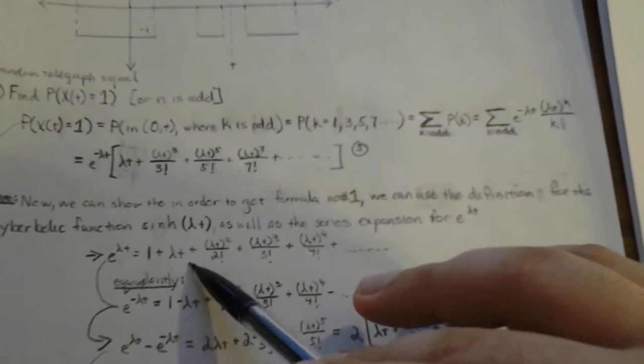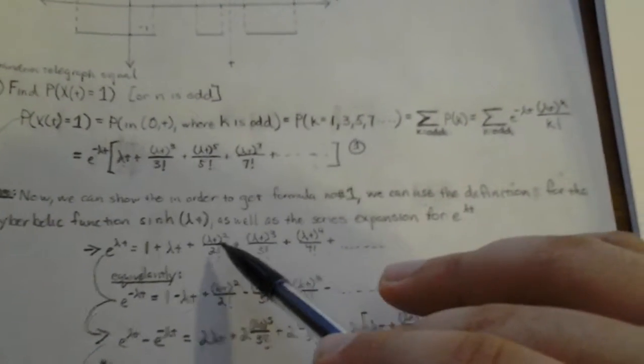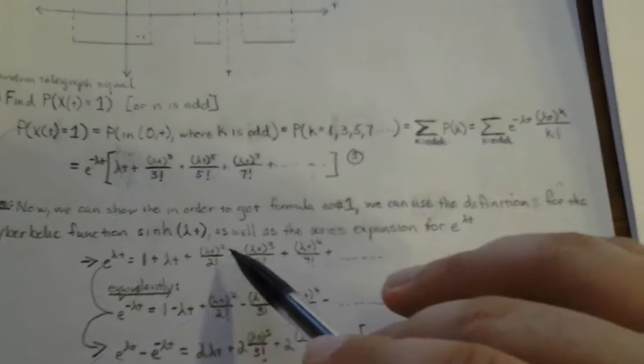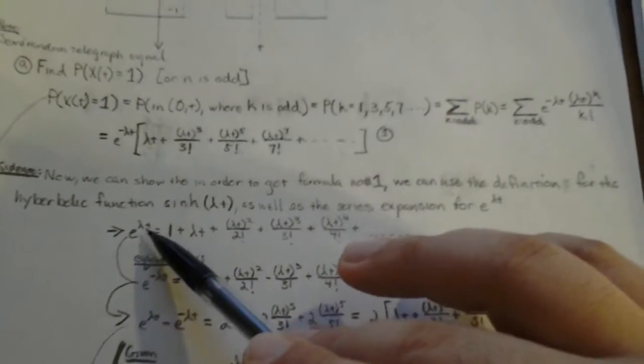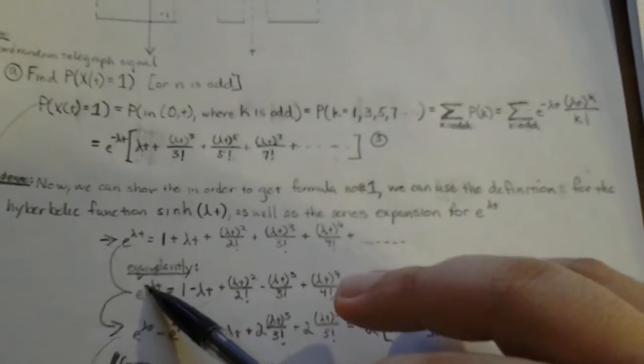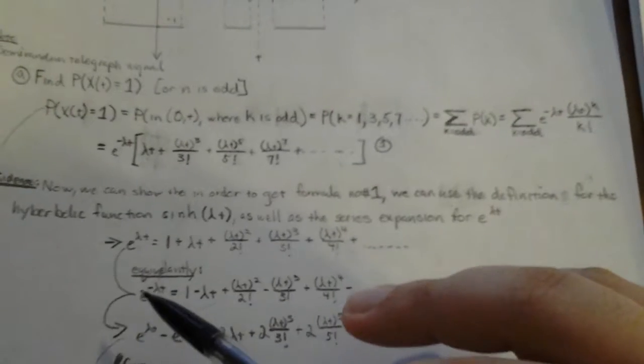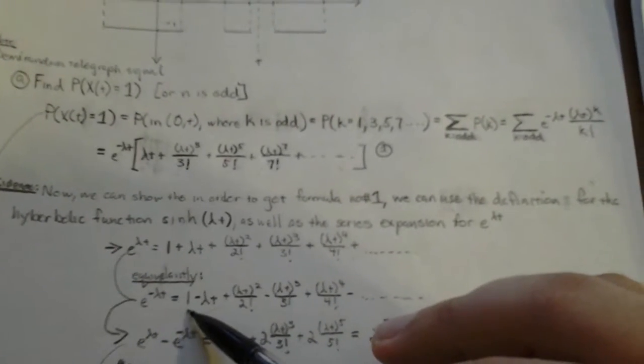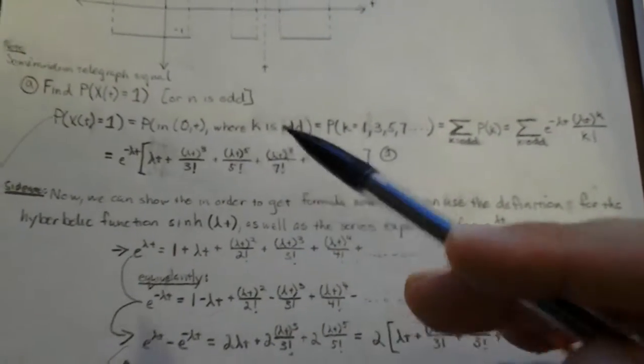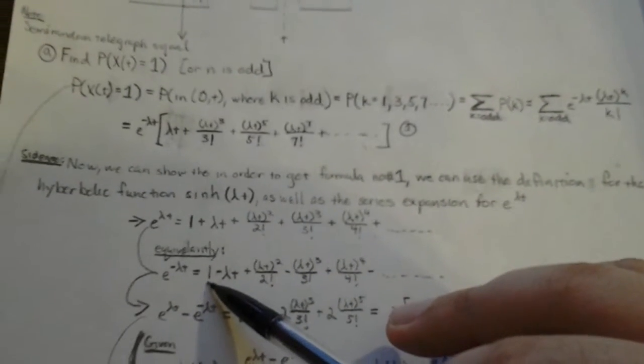This is going to be the 0 term, the 1 term, the second term. Basically, it's going to be some lambda t to the n over n factorial. That's our expansion. Equivalently, we can show that if our expansion were negative, every odd term would have a negative sign in front of it. Since this is our 0 term, it's going to be positive.